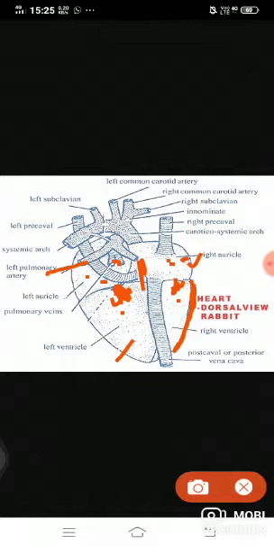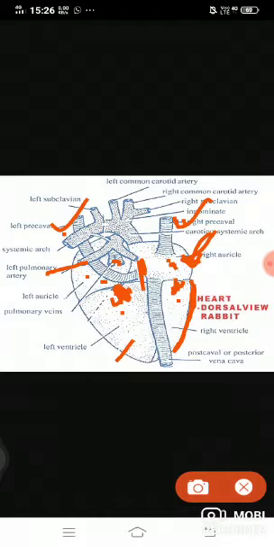The right auricle receives deoxygenated blood through the two precaval veins, that is the superior vena cava.